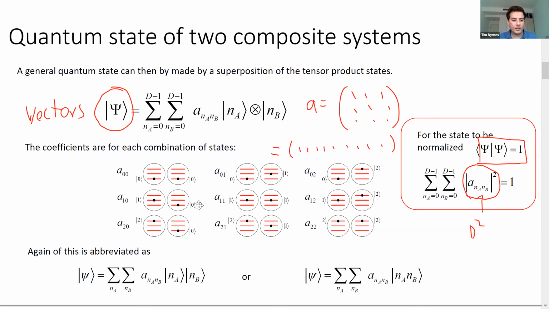Okay, and just in terms of the notation, sometimes I omit this tensor product. Sometimes I'm going to write it like this, or if I consider this combined thing as a state that is labeled with 2 numbers, then I can just sum over this.